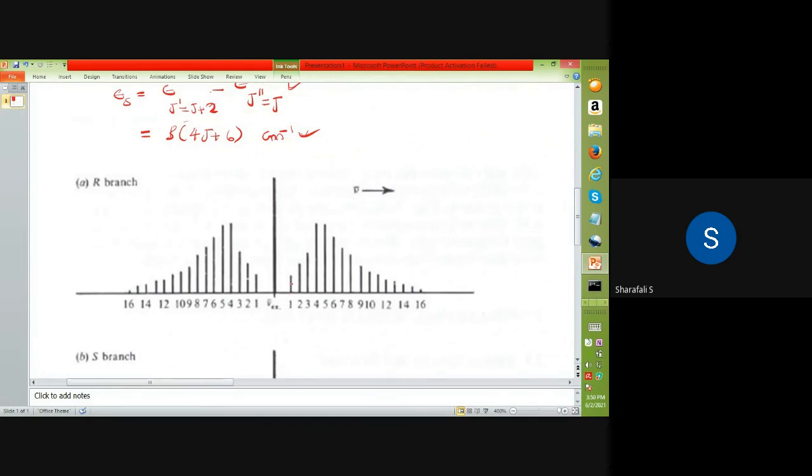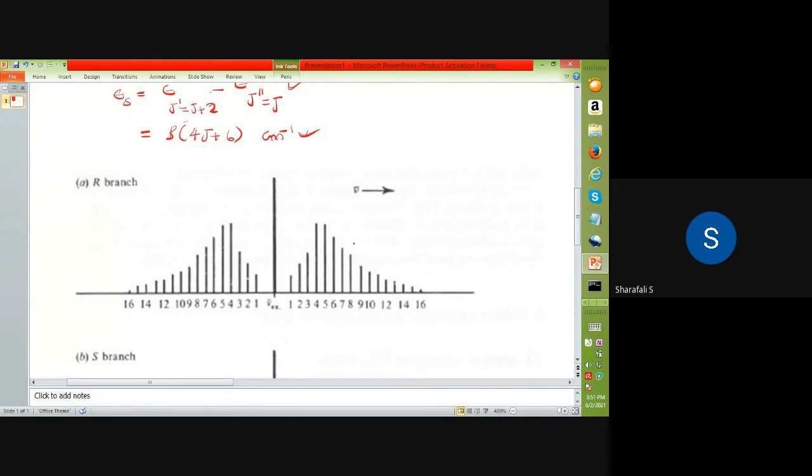For 1, we have this much intensity. For 2, we have this much, for 4, etc. So what we are talking about is a single R branch. Within that R branch, we will be getting this kind of spectral lines.